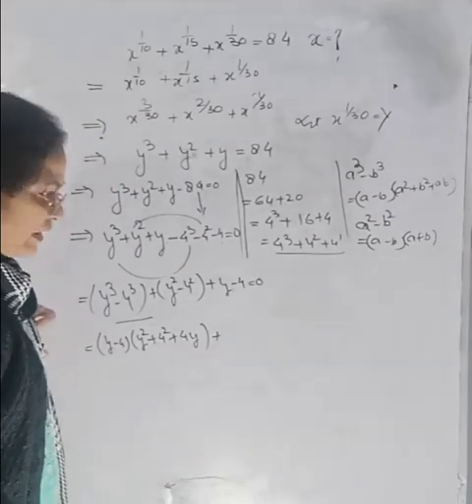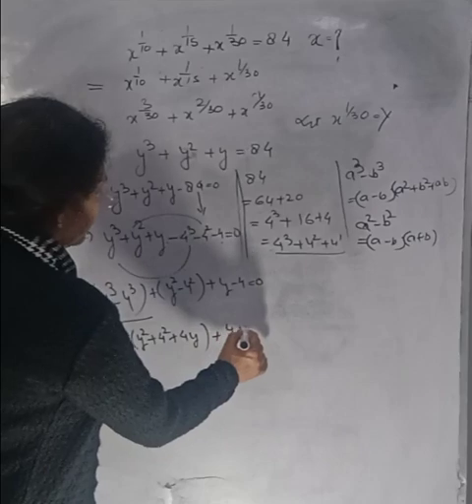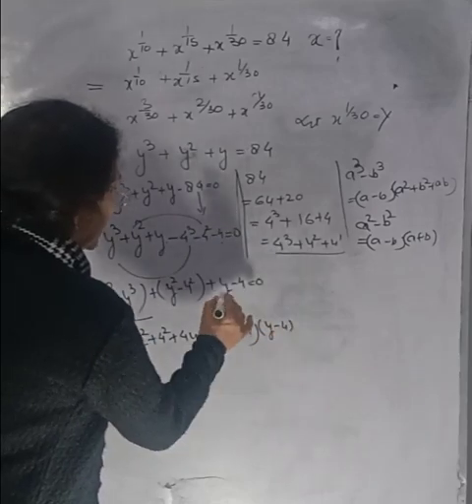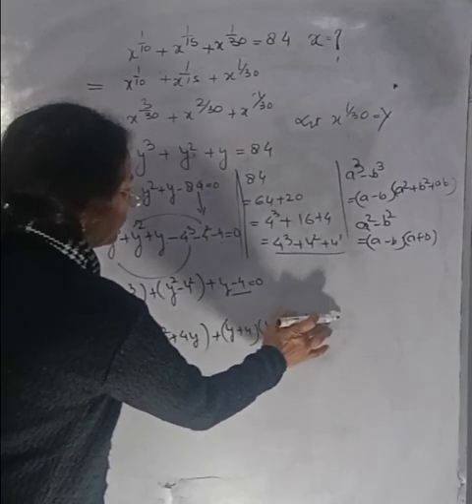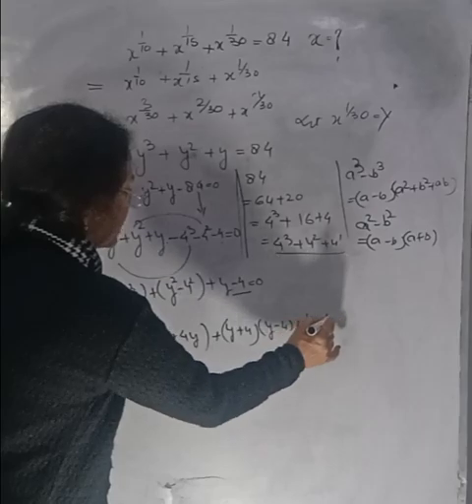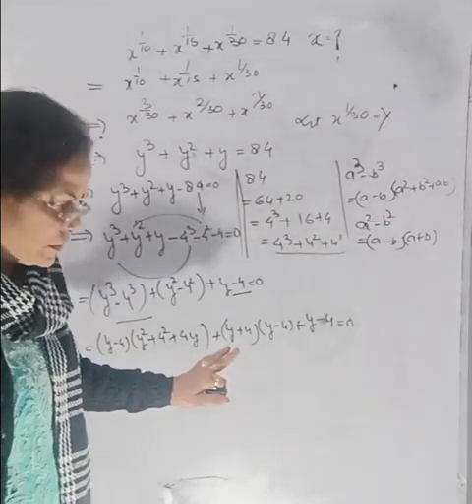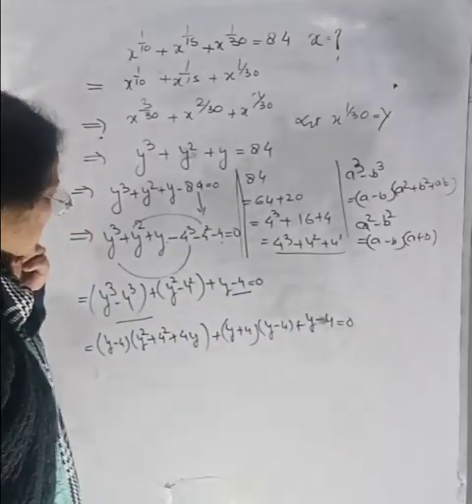This is very well known to you. So this can be converted as (y plus 4) into (y minus 4), and this is as such y minus 4. I think till this line you have understood.